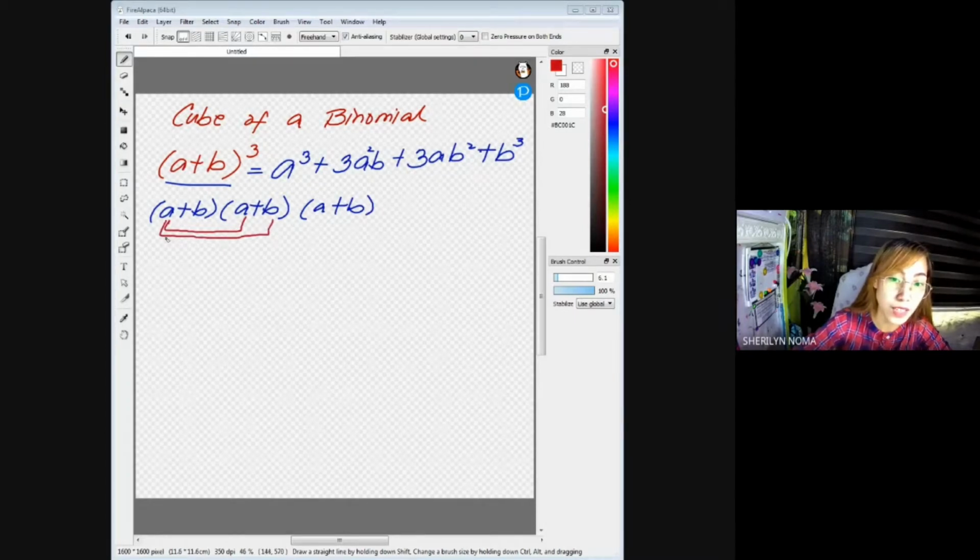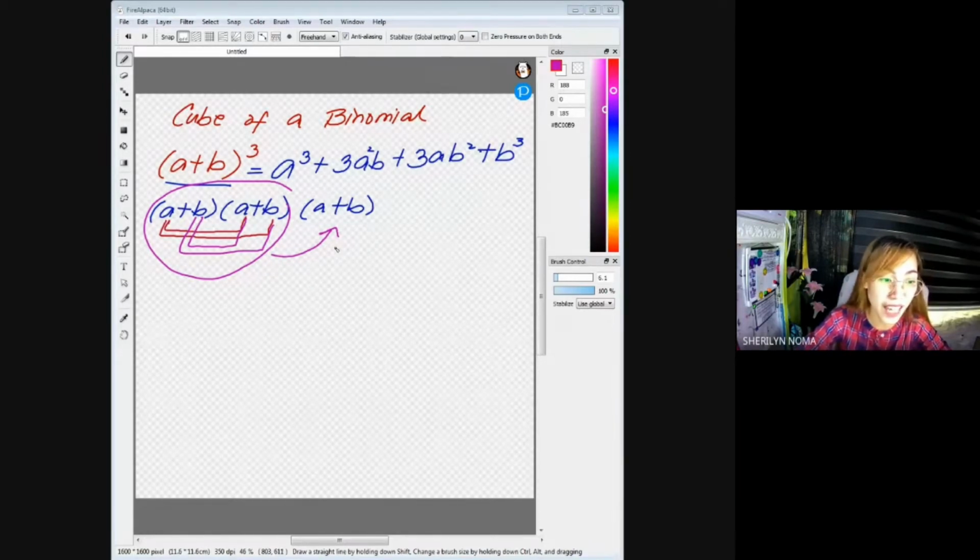Okay? Nagagets nyo kung paano siya? Okay? So, paano yung sunod niya, no? I-distribute natin dito. Okay? Isa-isa. Tapos, yung magiging product nito, okay? Yun naman yung i-distribute nyo dun sa natitira. So, medyo sobrang haba niya. Diba? If you will use the FOIL method.